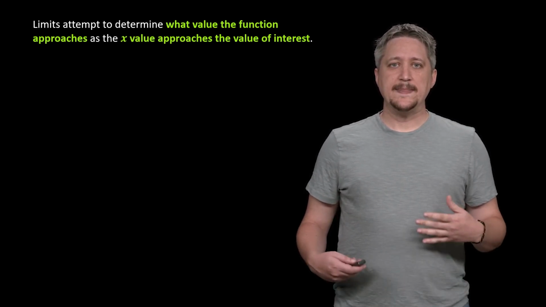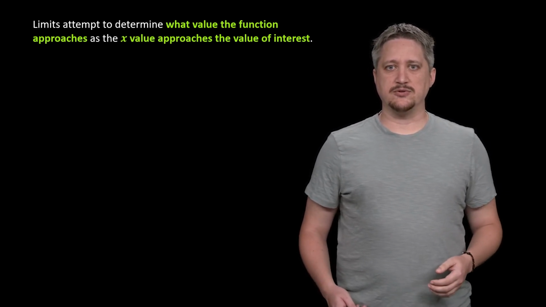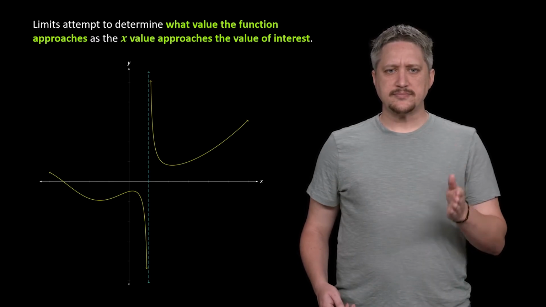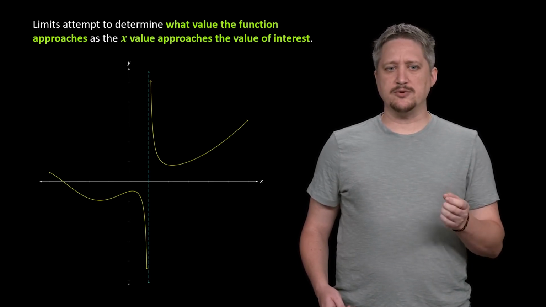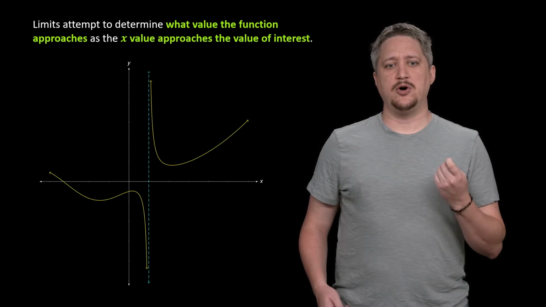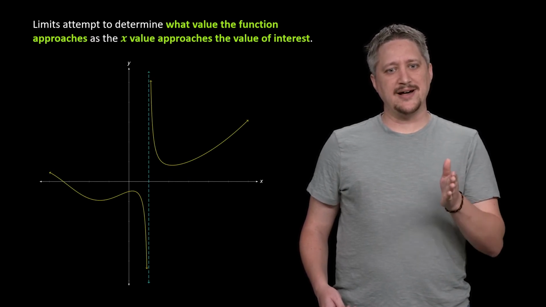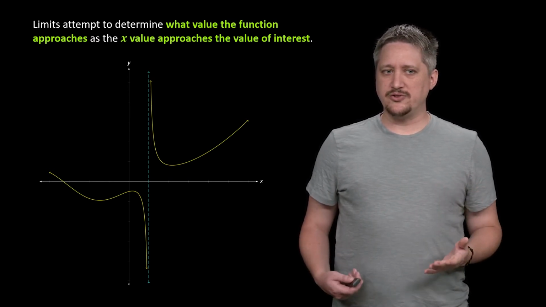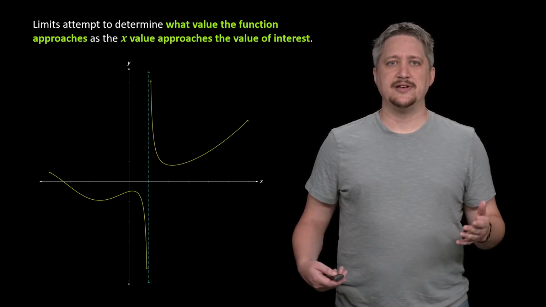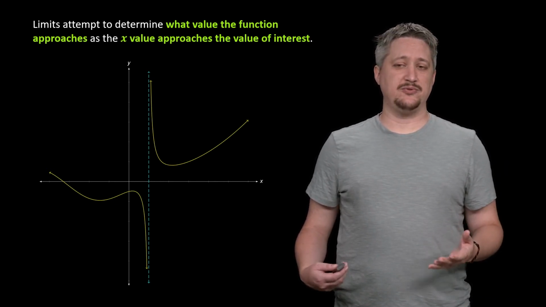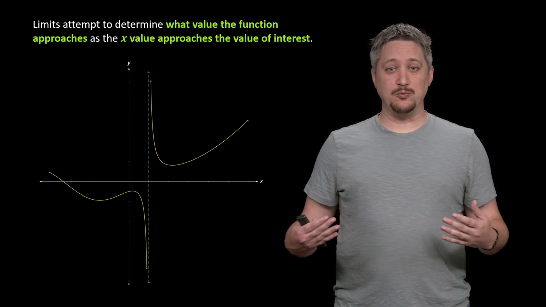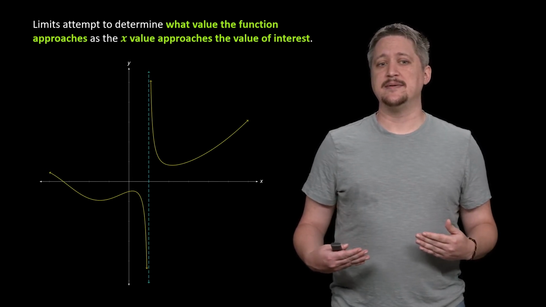So when we want to figure out the limit at this line, what the limit is going to tell us is exactly what is happening to the function as we're approaching that line.